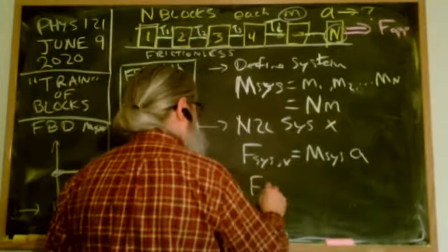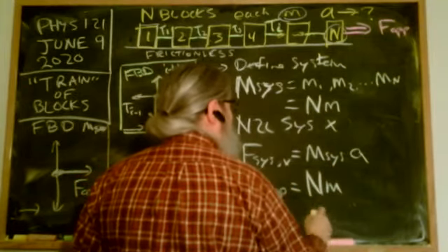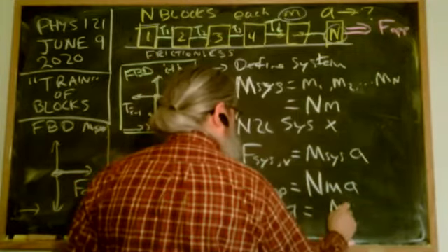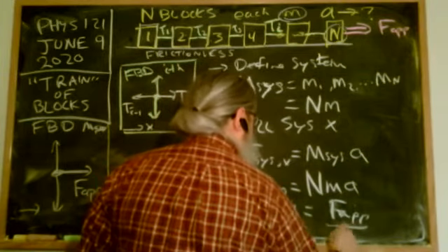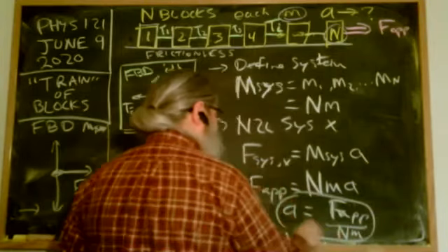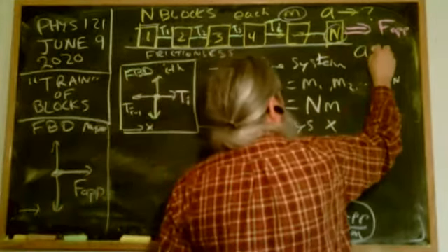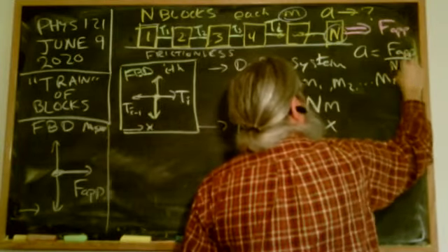This is just F_A, and we already worked out the mass: it's N times M, and that's A. The only thing I don't know is A, which is just the force, F_A, on the system, divided by the mass of the system, which is capital N times little m. And I've got the acceleration. So it's easy and quick to get the acceleration by treating the whole thing as an object. I'll write that down over here because I've got it now. A is equal to F_A over capital N times M.